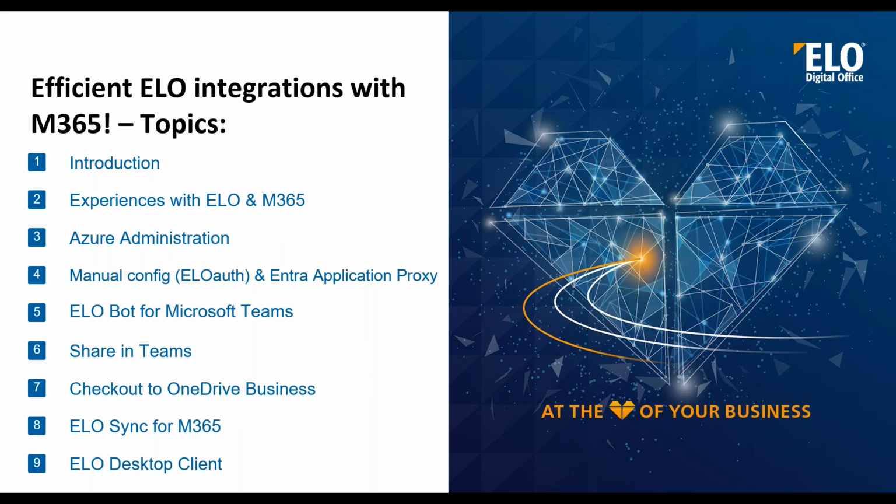We'll have a look at the ELO Bot for Microsoft Teams, the feature sharing Teams, check out to OneDrive Business, the all-new ELO Sync for Microsoft 365, which is really a highlight. And last but not least, don't forget the desktop client, which is a very nice and handy tool when your customers work with the Office applications installed on their desktop.